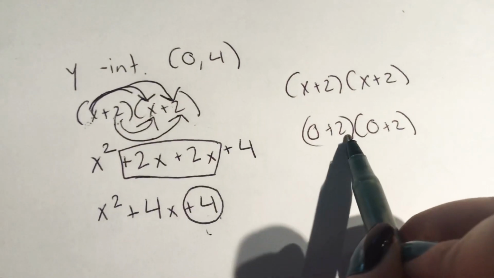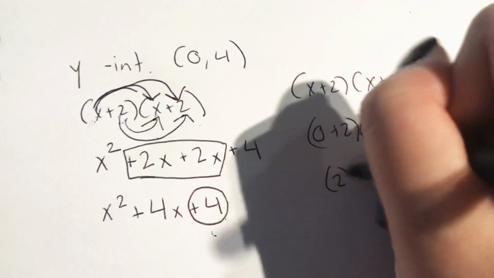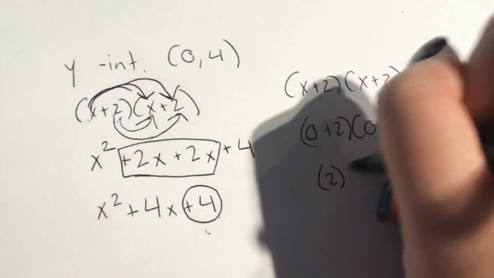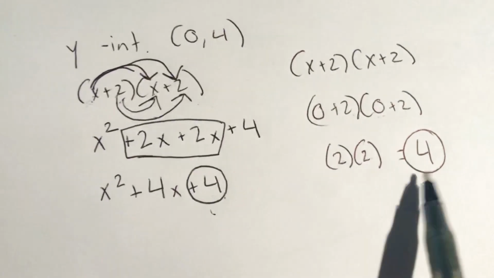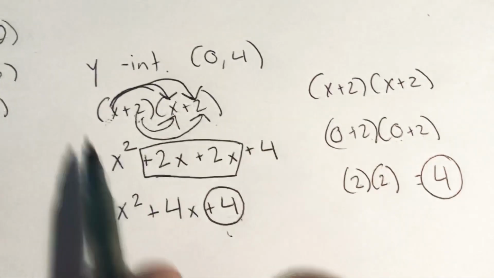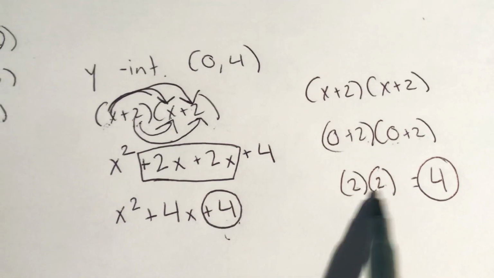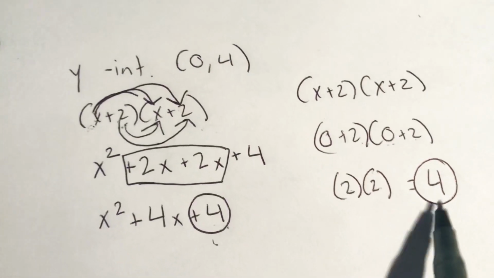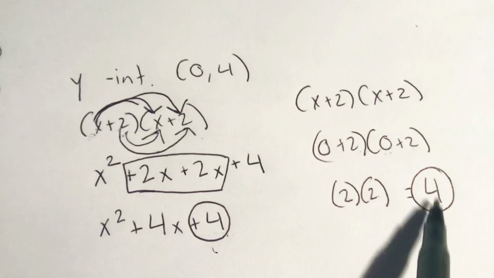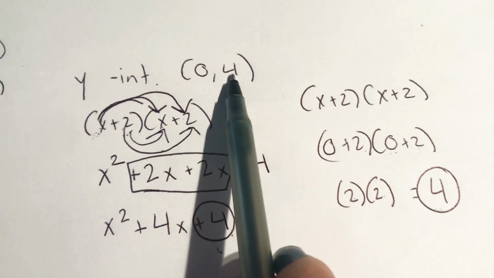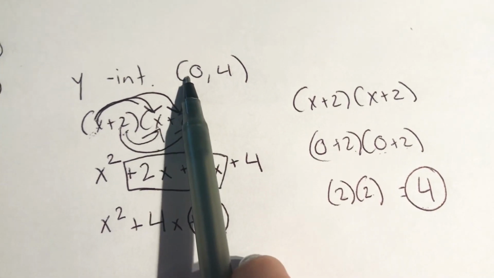What is 0 plus 2? It's just 2. So that leaves me with 2 times, again, 0 plus 2 is just 2. 2 times 2 is 4. So using that method without having to expand it all out into standard form, I was still able to find the y-intercept. When you do this, just remember that you do need to still write it as a coordinate point. Y-intercept gives you the y value of the coordinate point where x is always 0.